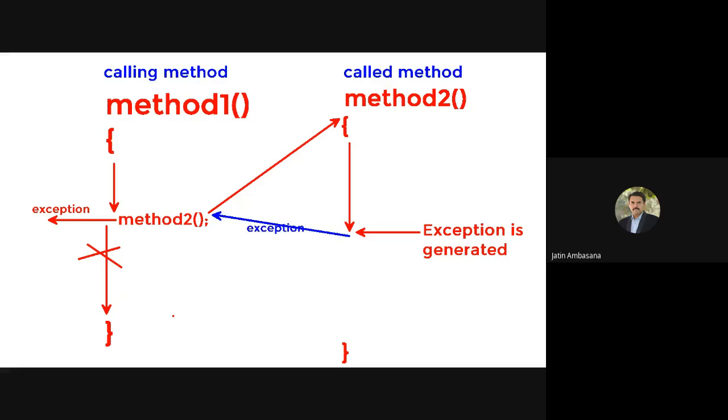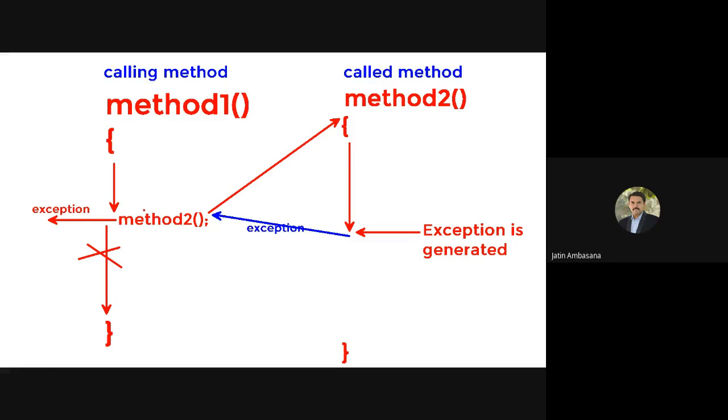So if an exception gets generated, you can see it affects the whole hierarchy of calling. Method 1 suppose is called, then method 2 is called. So if method 2 generates the exception, it is sent to method 1, and method 1 cannot continue executing. So this is the biggest problem of what?